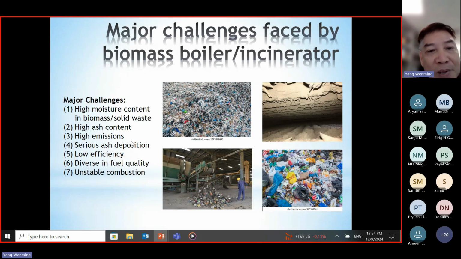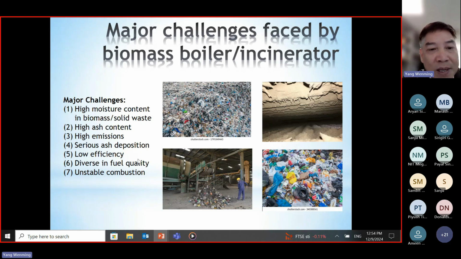The next one is serious ash deposition. Here I show you the picture of ash deposits on the surface of heat exchangers, which affects the heat transfer between the hot gas and the water, or between the steam and the flue gas. The overall efficiency can drop to about 20%, or even lower than 20%.